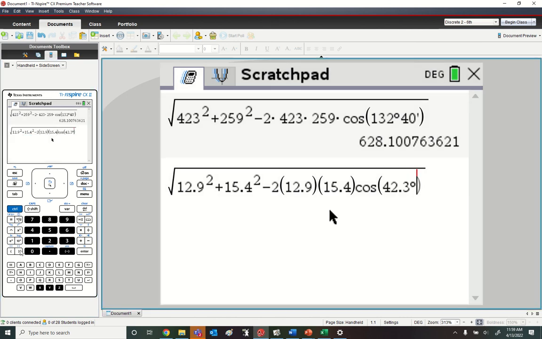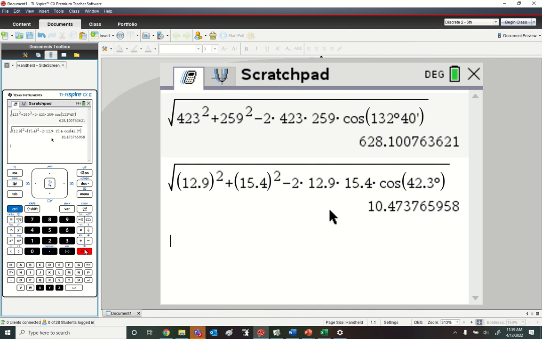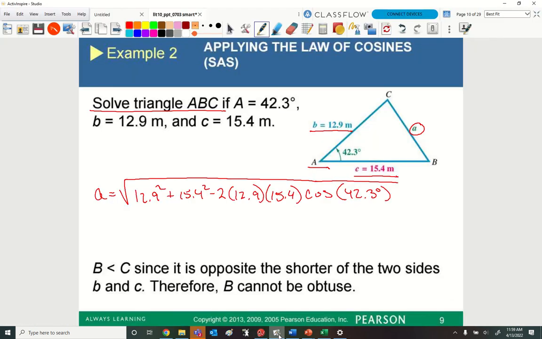There we go, and I'm going to hit enter, and I'm going to get about 10.5. I'm going to round it to a tenth here because my other sides were already rounded to a tenth. So about 10.5 is going to be my little a. And meters, there we go.